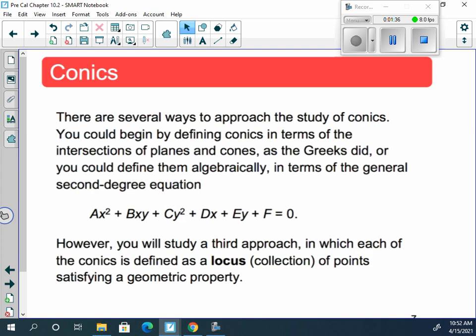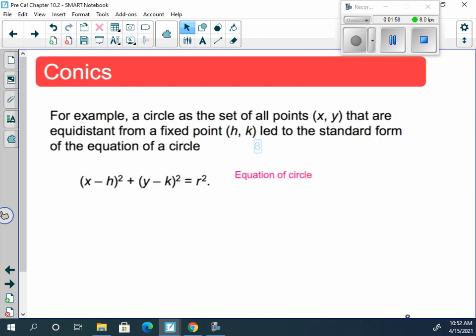Now, there are several ways to approach the study of conics. You could begin by defining conics in terms of the intersection of planes and cones, as the Greeks did, or you can define them algebraically with the general second-degree equation. However, we will study a third approach in which each of the conic sections is defined as a locus, a collection of points satisfying geometric properties.